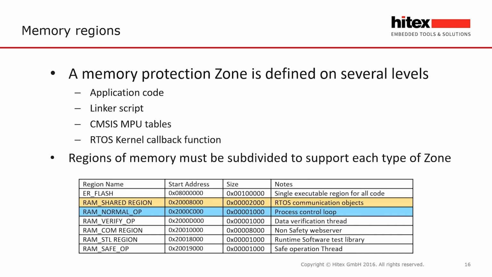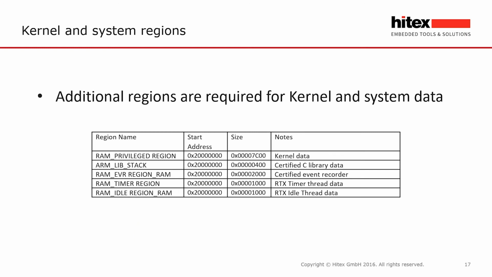So we first of all need to take a standard page of memory that's within our microcontroller and then subdivide that into memory regions that are going to be allocated for each of our threads. We also need to provide regions for some of the standard blocks of code that will be within our application.